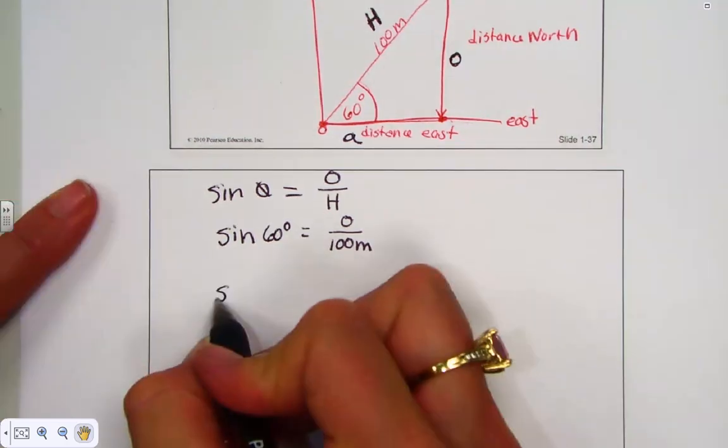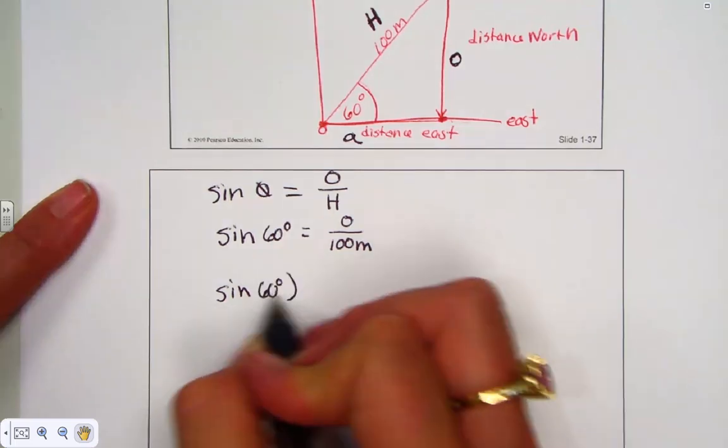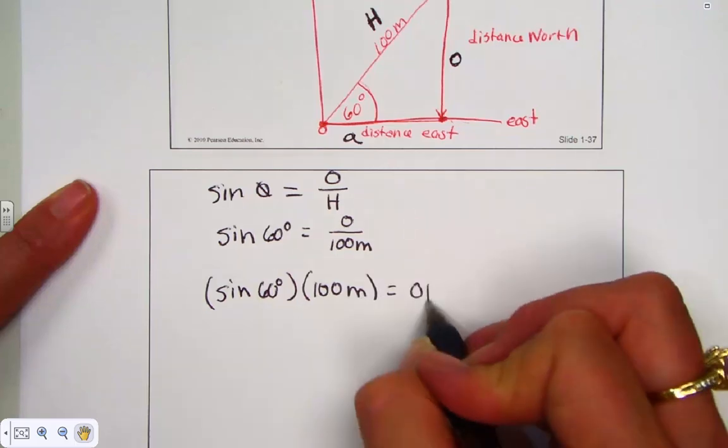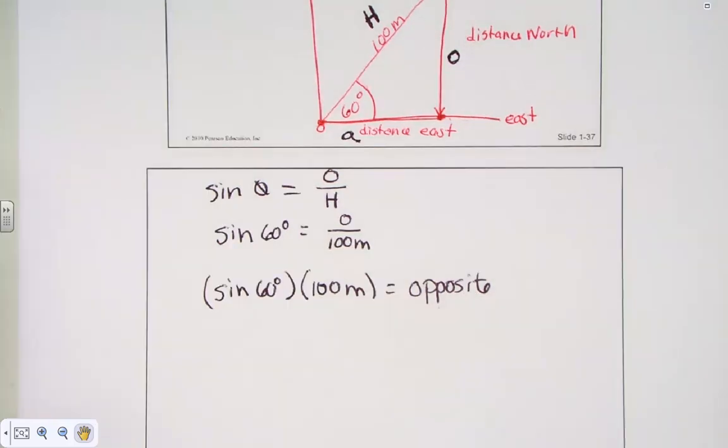Rearranging, sine theta times hypotenuse gives us our opposite side. Let's hit together. Grab your calculator and see if we get a common answer.